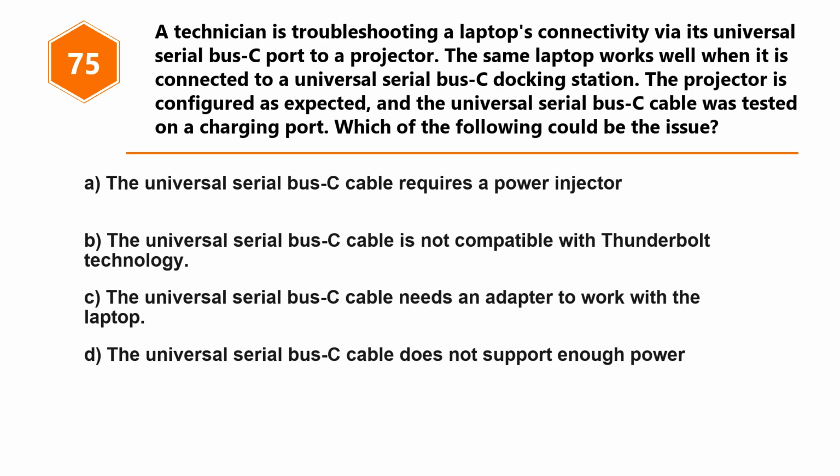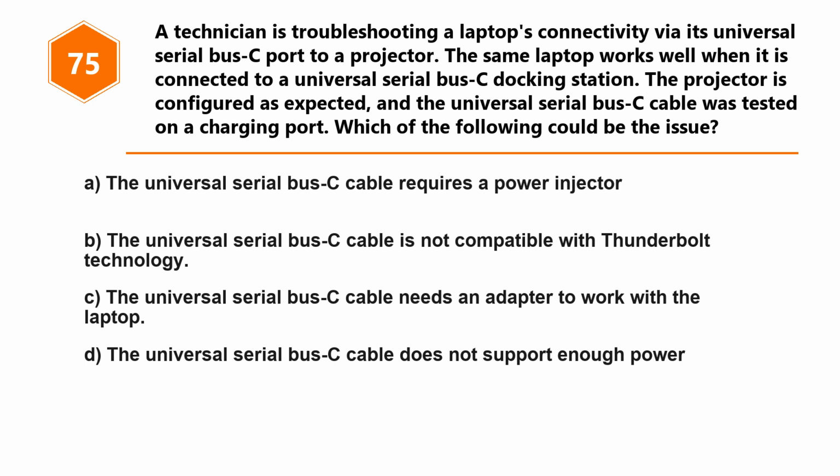Question 75. A technician is troubleshooting a laptop's connectivity via its universal serial bus C port to a projector. The same laptop works well when it is connected to a universal serial bus C docking station. The projector is configured as expected, and the universal serial bus C cable was tested on a charging port. Which of the following could be the issue? Option A. The universal serial bus C cable requires a power injector.